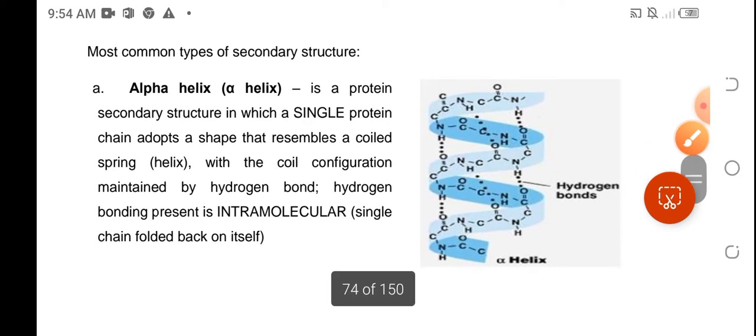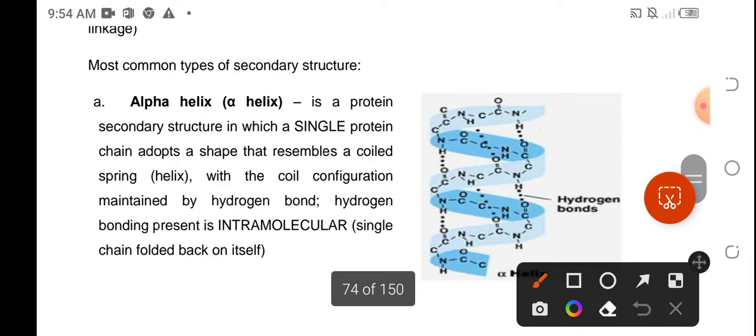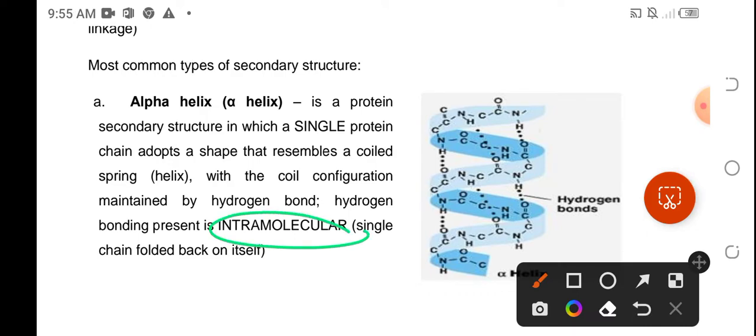So, intramolecular kasi nga yung kanyang hydrogen bonding is within the chain itself. Hindi kailangan ng ibang chain. Hindi siya intermolecular. Intra meaning within its chain. Okay? So, ulitin natin. For the secondary structure, the hydrogen bonding is between the hydrogen from the amino group of one amino acid, and the oxygen from the carbonyl group of another amino acid.